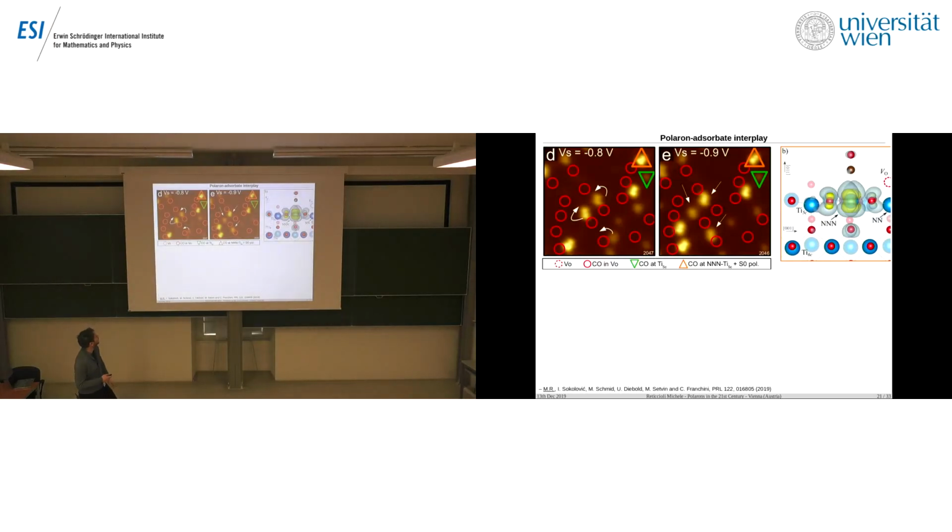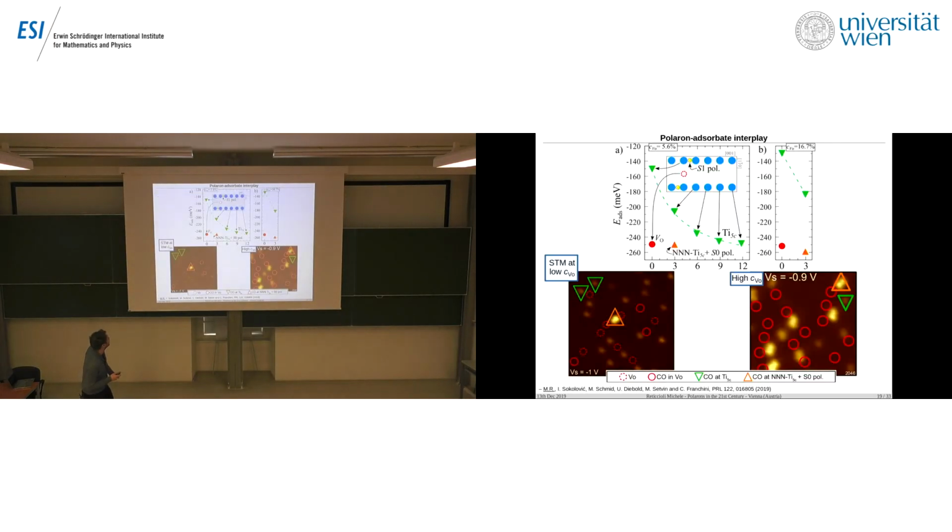This was also a good point of the paper, actually. We have oxygen vacancies without CO and with VO. There is no polaron there, so if you do filled-state STM, you don't see them. You can see them, for example, if you do atomic force microscopy. I don't have the images now, but in the paper there are.